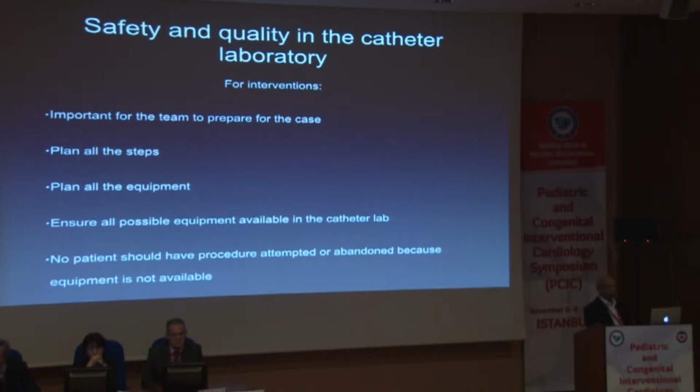As a general rigid rule, no patient should be brought into the cath lab and have the procedure attempted and then abandoned because some piece of equipment, absolutely crucial, is not available. A size of the device, a size of the stent, a size of the balloon is not available. That should not happen. And that is the most important part of ensuring safety for the patient in the cath lab for interventions.